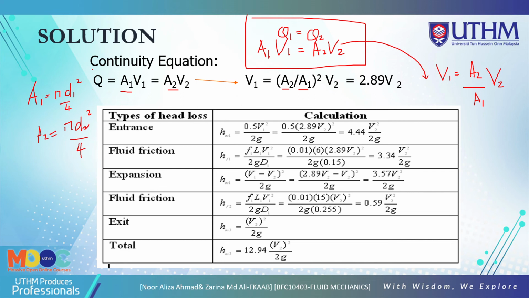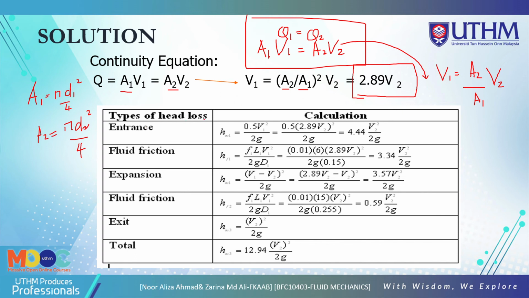So you get D1, D2 and we get A2. So nanti part ni akan mati. So they just only have the A1, A2 and you get 2.89 V2 here.